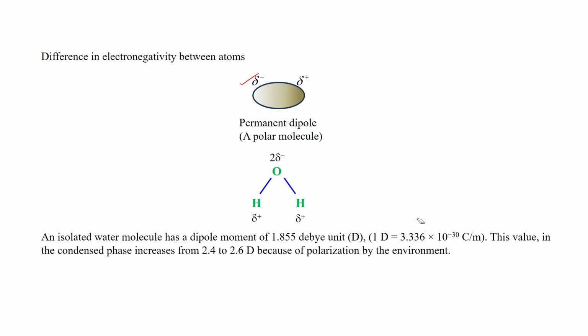Now when the molecule H2O is present in bulk, it is under interaction with many other molecules, so it becomes further polarized, and as a result its dipole moment further increases, to 2.4 to 2.6 Debye units. So this is what happens for a polar molecule.